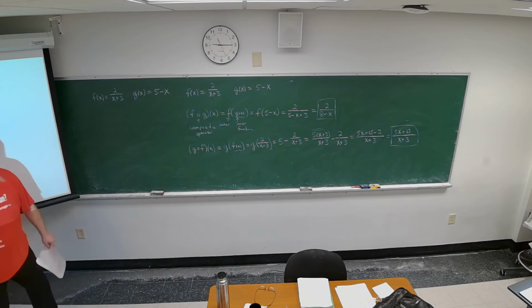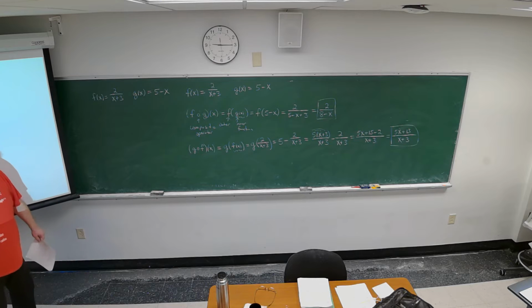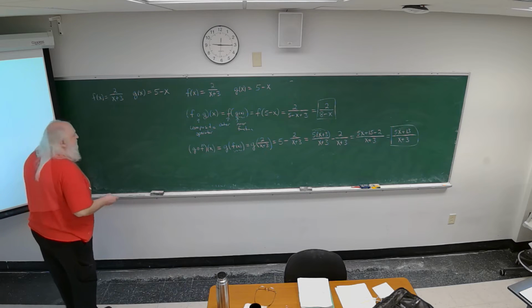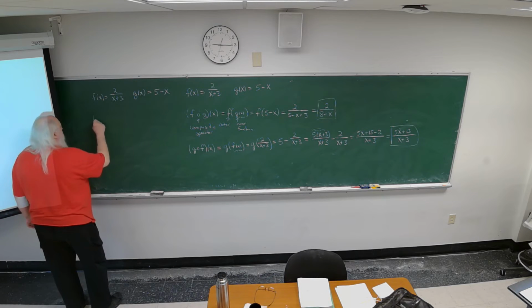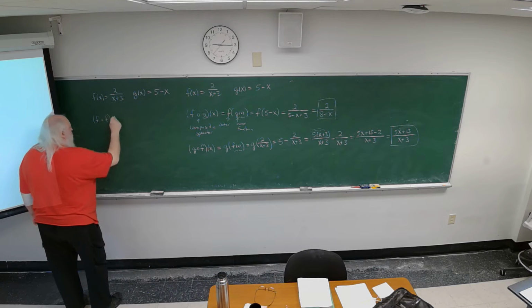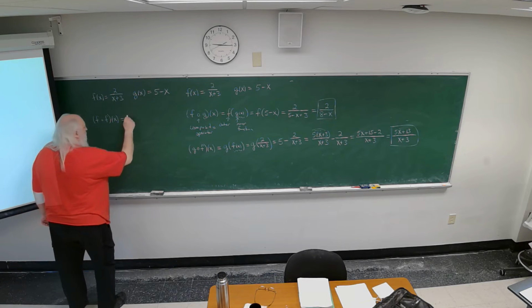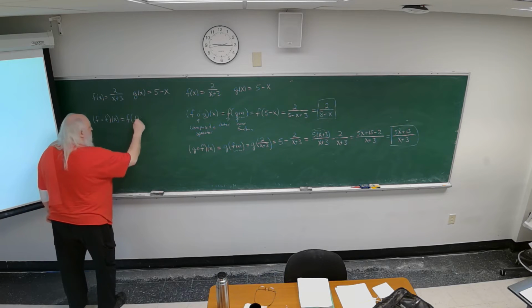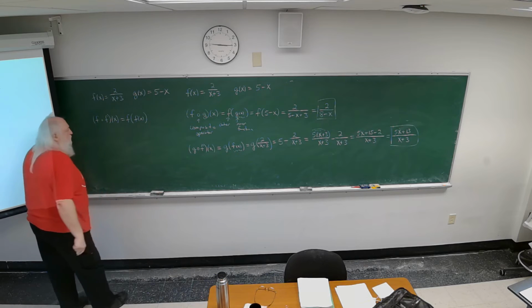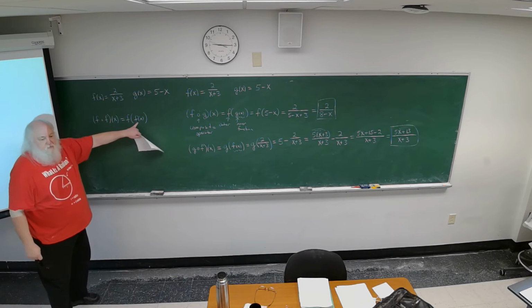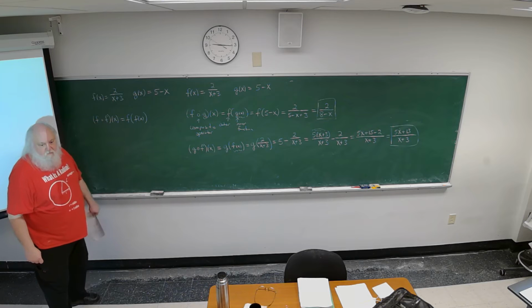All right, any questions with that? Okay. So in C, we're going to take the composite of the function f with itself. You can do that. So by definition, this is equal to f of f of x. So f is both the inner and the outer function in this case.